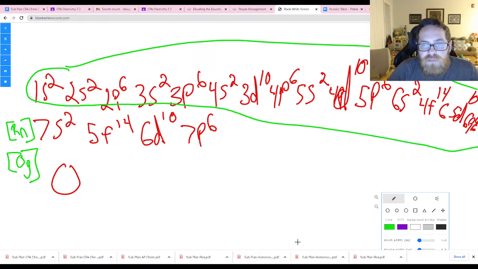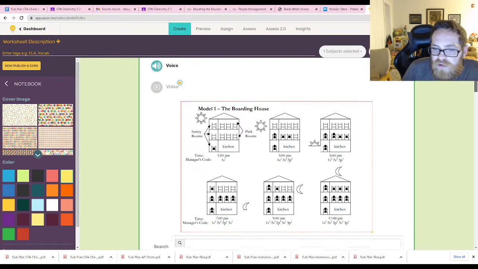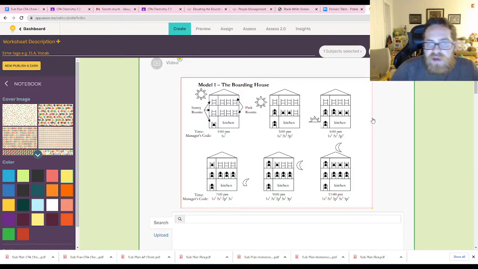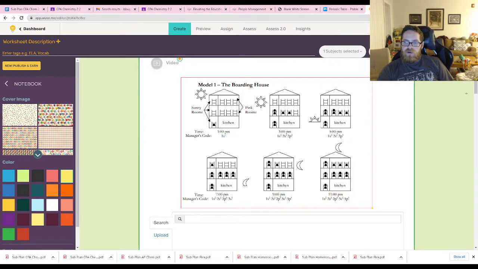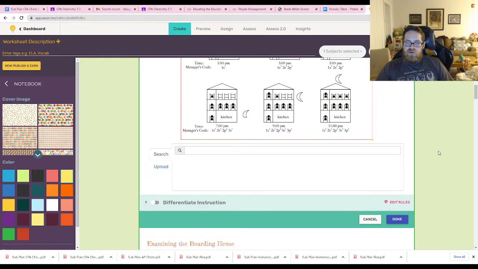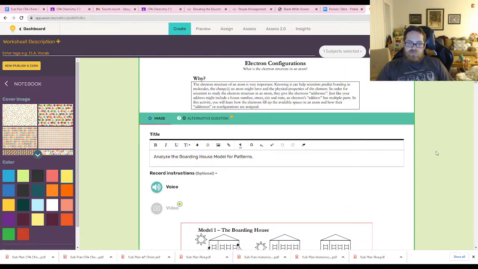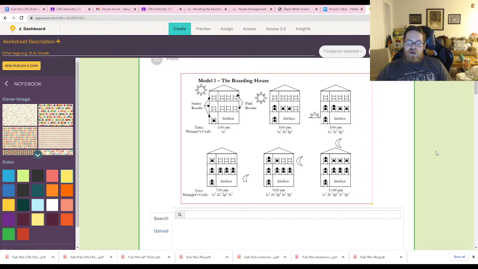So with that, I'd like to go over our worksheets and talk about what those meant. For this one, I used something called POGIL, which is a popular chemistry worksheet. In this first part, I wanted you to look at pictures of this boarding house. A boarding house is a place where people go to stay and live.